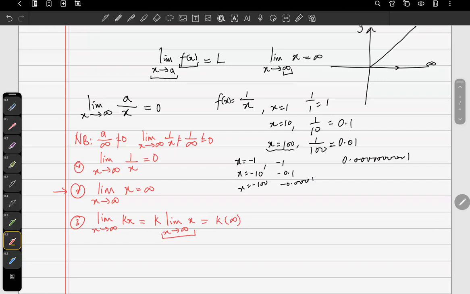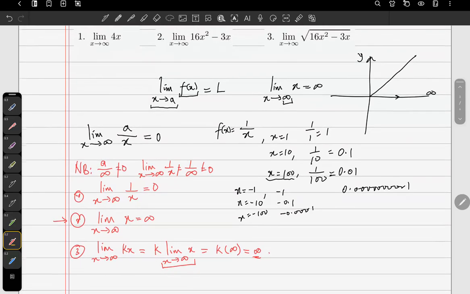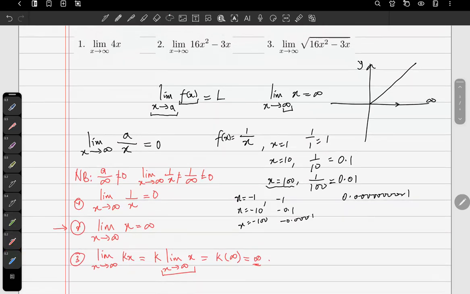So infinity here is not saying it's a number, but we are looking at k times a possibly very huge number, and this is equal to infinity. All right, so with that alone, we've seen the solution to the first question here.